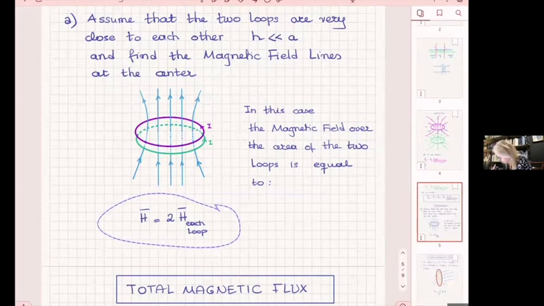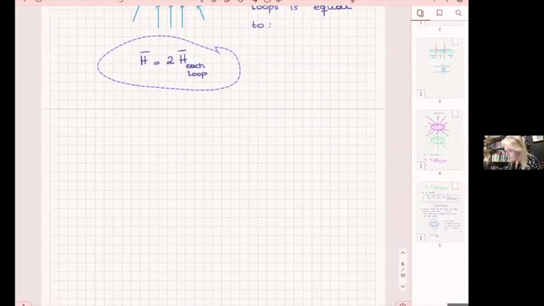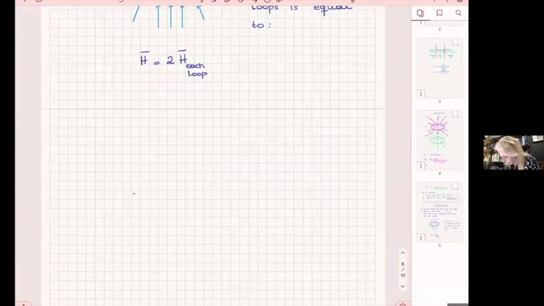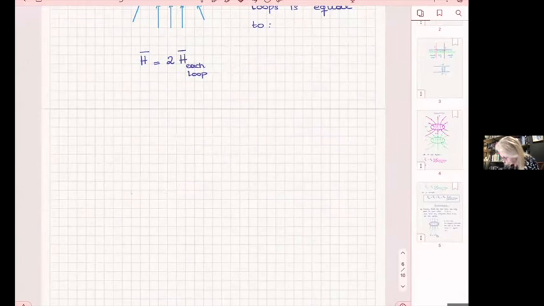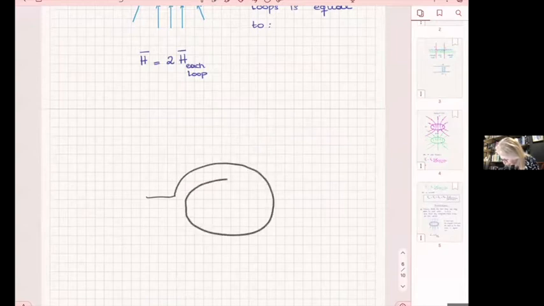Why is that important, you may ask? This is a very important thing to remember because of a coil. Let me draw a coil now for you. I will draw a coil in three directions. All right, let me do this differently.